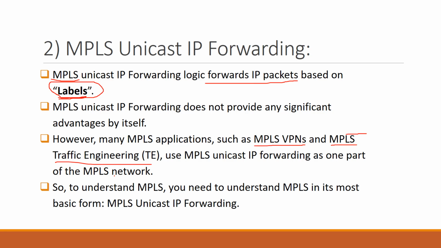What this means? It means we are not using MPLS Unicast IP forwarding by itself in today's networks, but applications of MPLS use MPLS Unicast IP forwarding as one part of their network. So, to understand MPLS, you need to understand MPLS in its most basic form, which is MPLS Unicast IP forwarding.